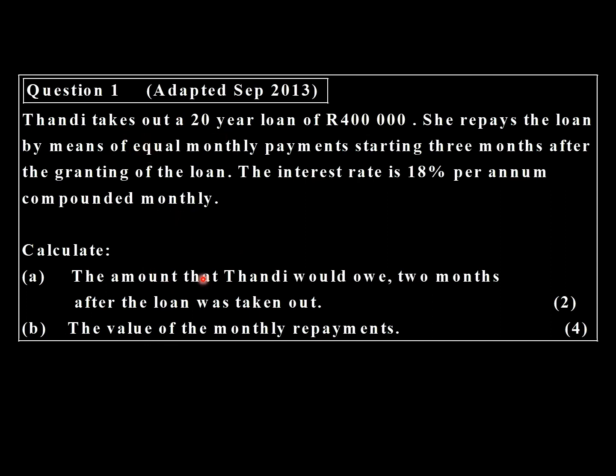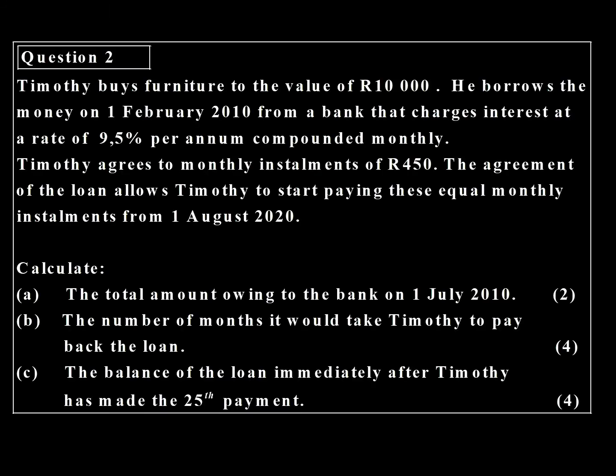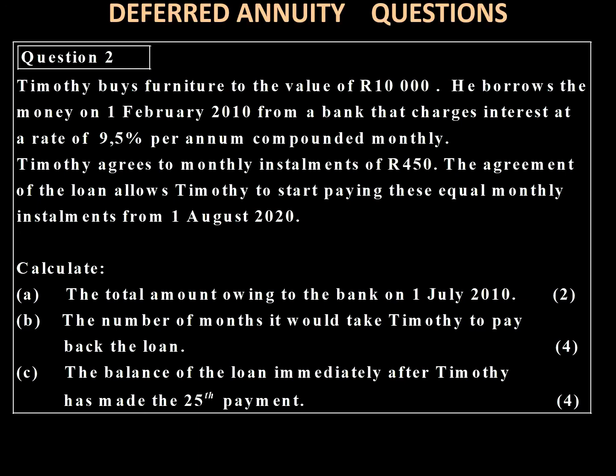There we have a question about after the loan was taken out. So this is a deferment question. And then here again we have where payments start at equal amounts. Instead of starting on the 1st of February, you're starting on the 1st of August there. So there's also a deferment question there.